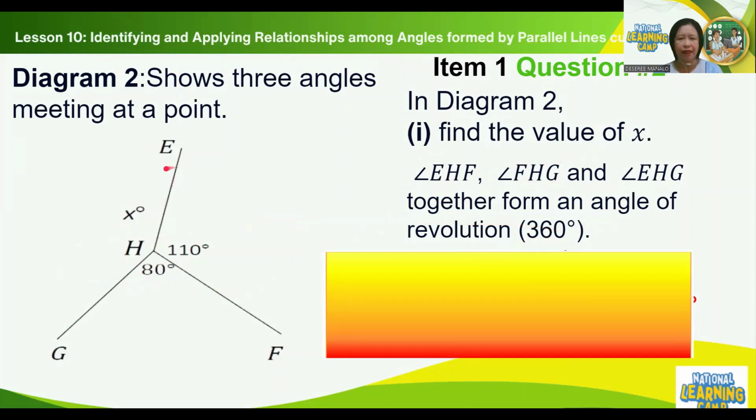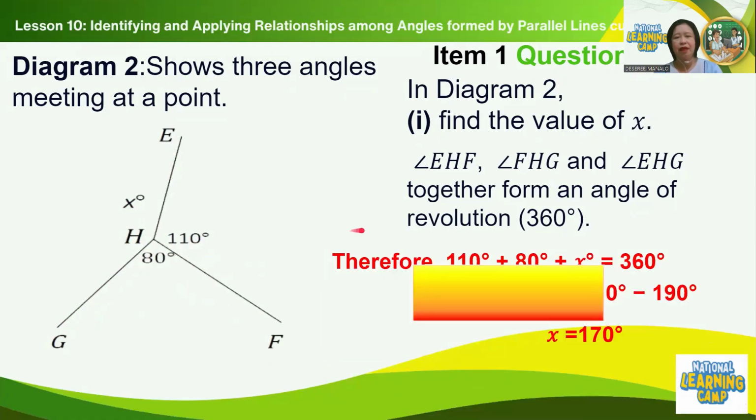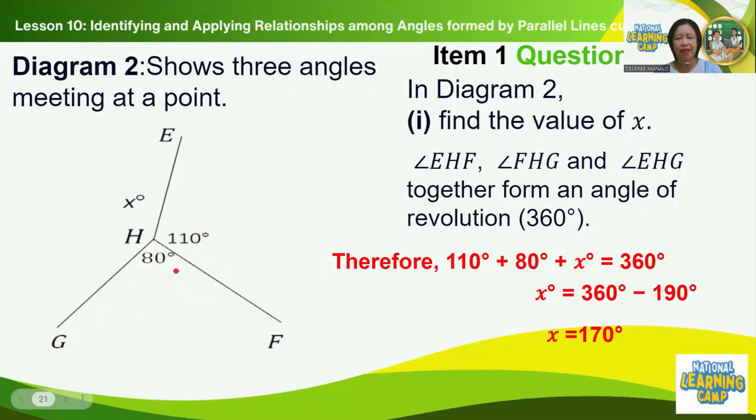So 110 degrees and 80 degrees plus x equals 360 degrees.